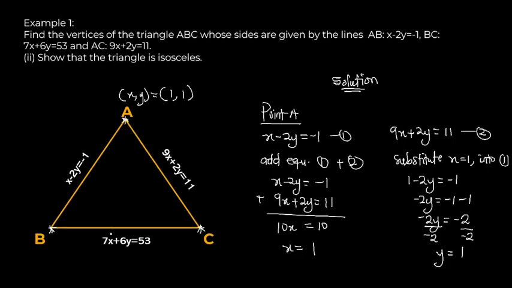So let's go ahead and look at that. So point B, as I mentioned earlier, we will be using the equation x minus 2y is equal to -1. This will be our equation 1, and 7x plus 6y is equal to 53 as our equation 2.